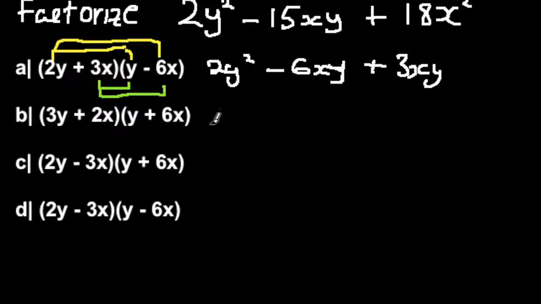Now, if we look at B, the first thing we notice is that when we multiply the first term, we get 3y squared. And this immediately tells us that the answer cannot be B, because there's no 3y squared in the answer.